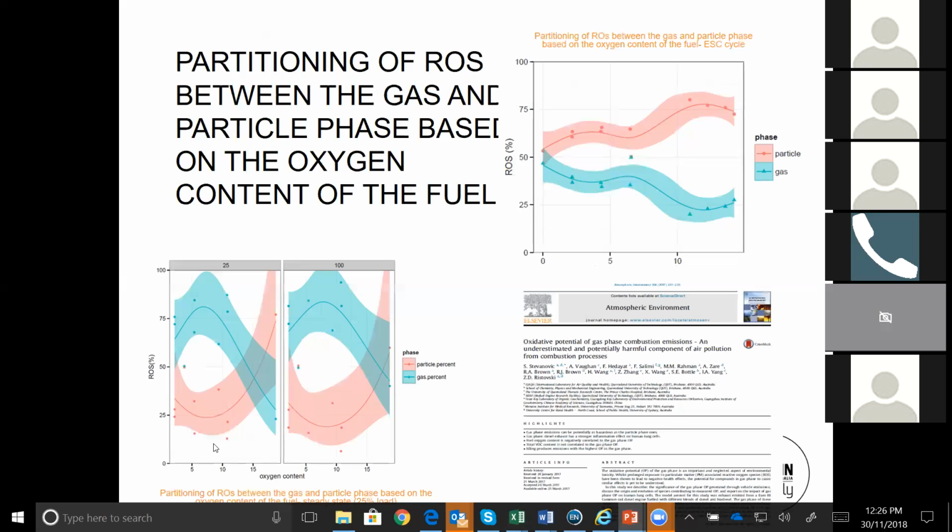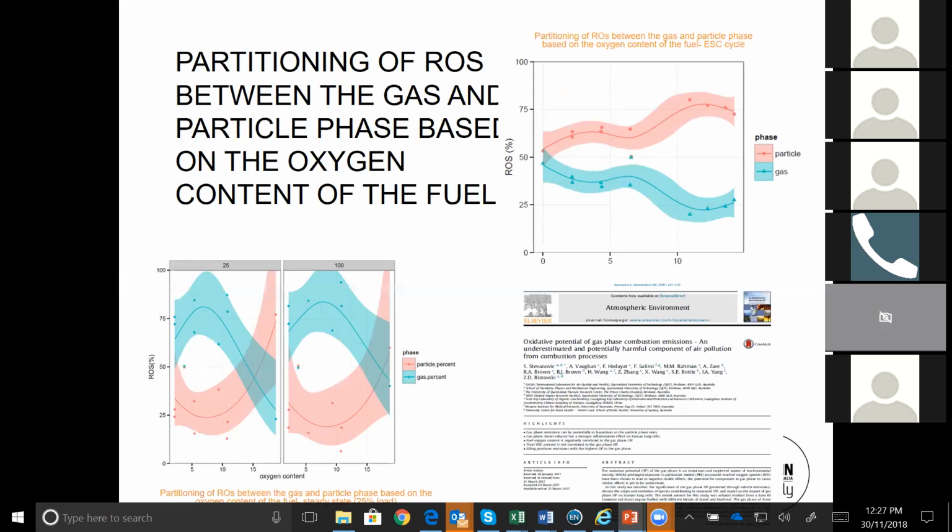And that was also one of the very important findings: the composition of something that we burn, in this case it was fuel, but it can be waste or, let's say, wood. The composition of a burning precursor, especially its oxygen content, is directly related to the toxicity.